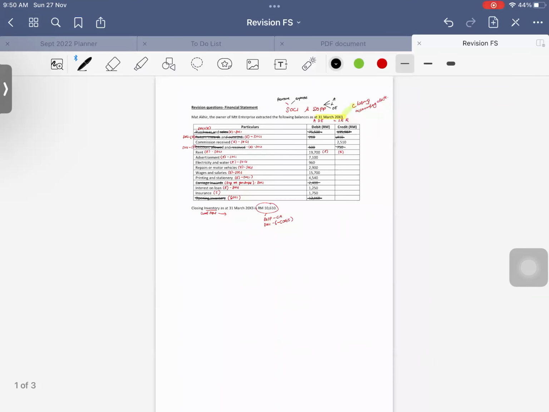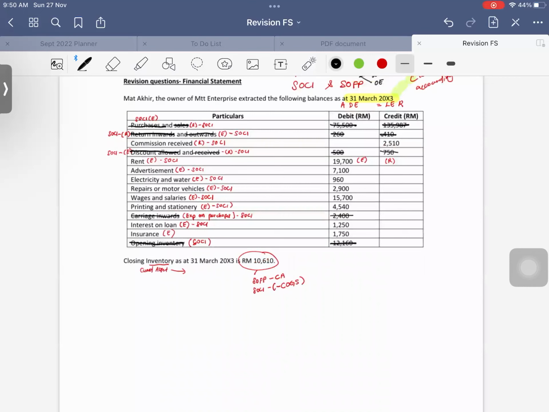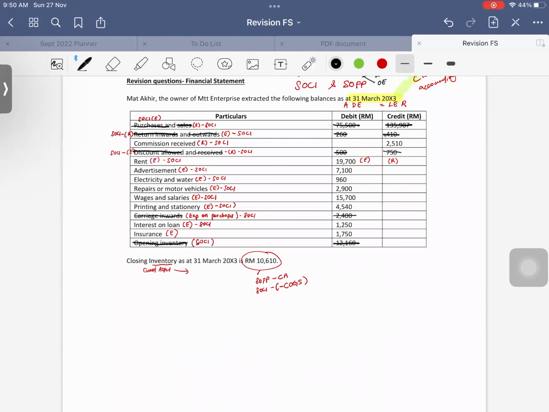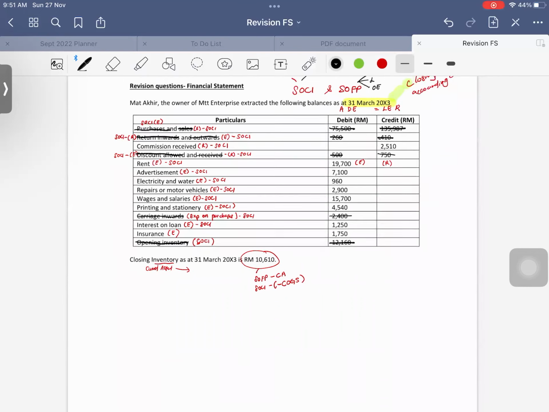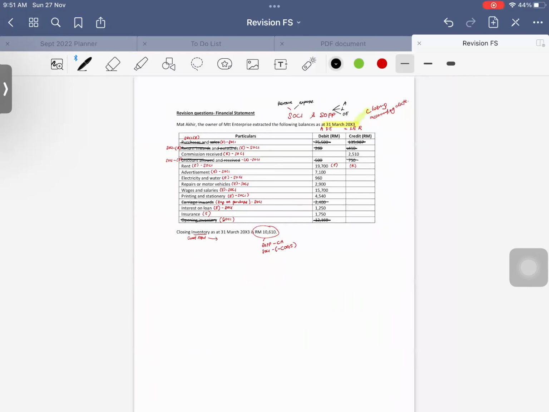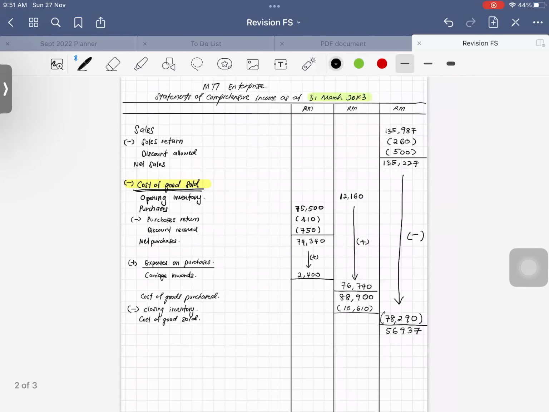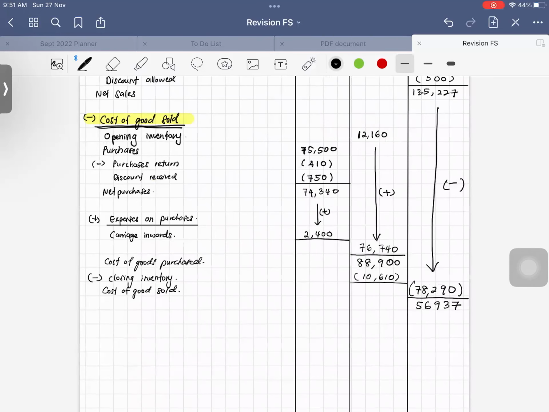Okay, now habis. 56,937 ni is actually your gross profit.